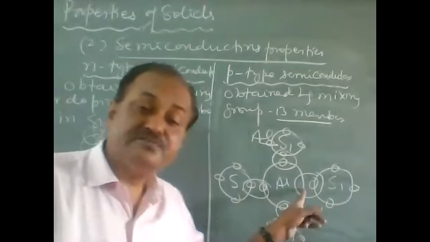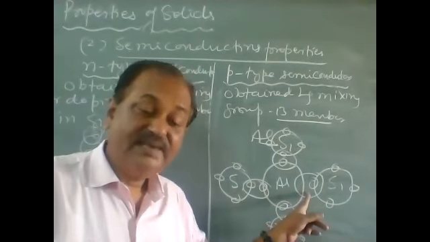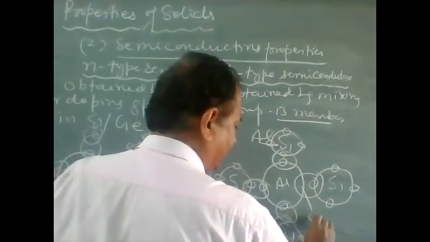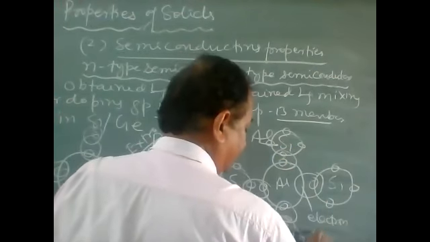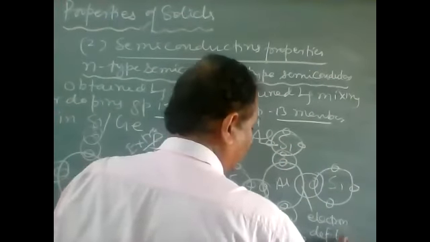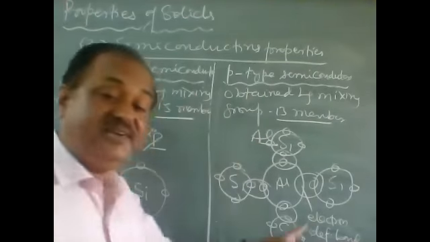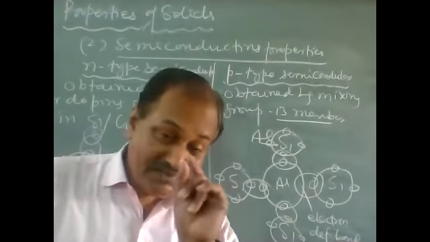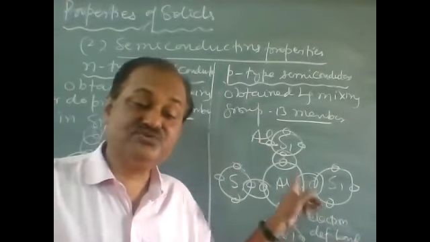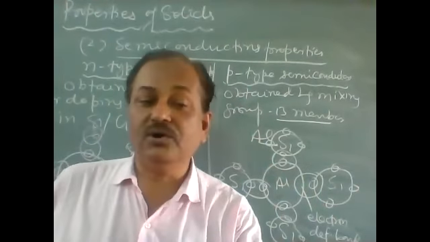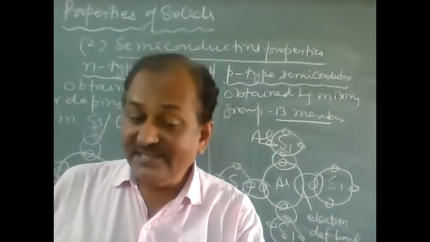So this bond is electron deficient, children. This is an electron deficient bond, and it is nothing but a hole. Here there is a deficiency of negative charge, and that's why it is called a P-type semiconductor. So this is all about the basic points.